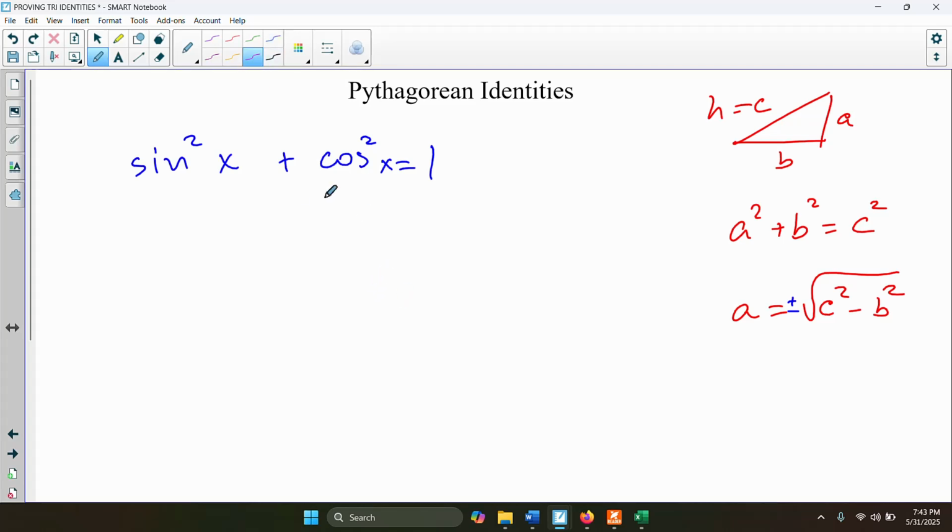But it's a hugely important relationship. It's one of the most important in trig. No matter what the angle is, it could be like 0.00001 degrees, this will work for that triangle. And even when we get away from triangles, this still works.